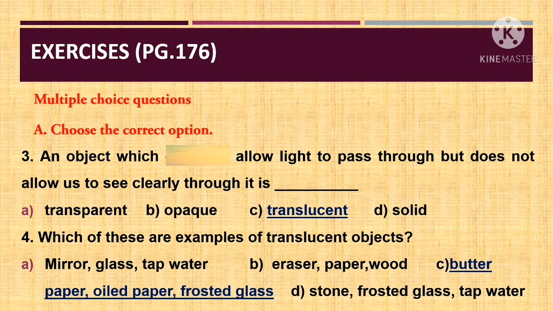Materials like butter paper, oiled paper, and frosted glass allow some light to pass through them. We cannot see through them clearly. Answer option C, butter paper, oiled paper, frosted glass.